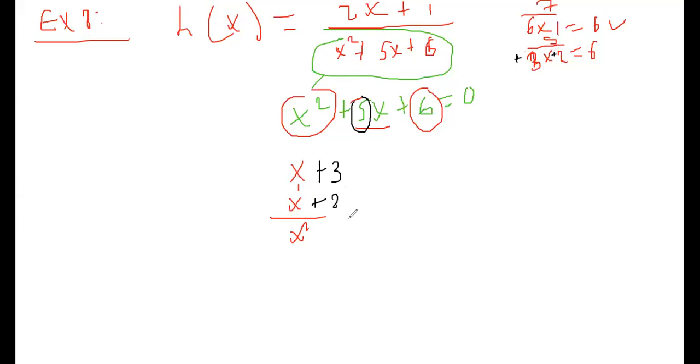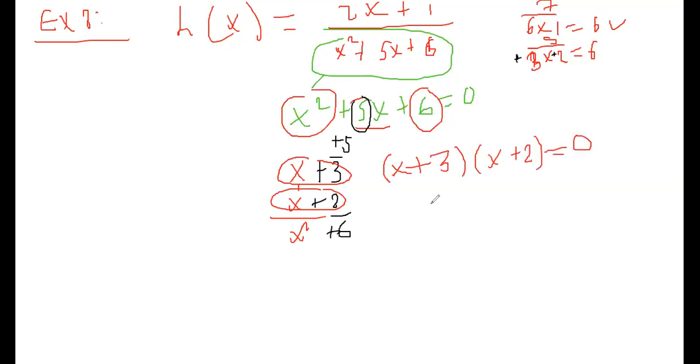So at the end of the day, if we multiply them, it gives us plus 6, and if we add them, it gives us plus 5. Now we have factored this. What this is telling you is that x plus 3, in another bracket x plus 2, equals 0.